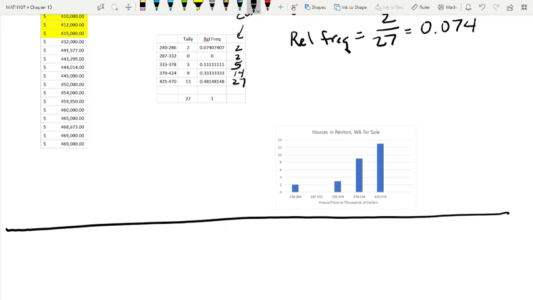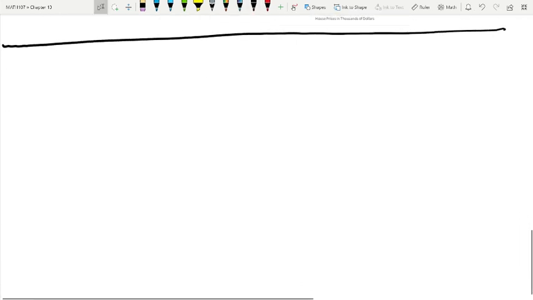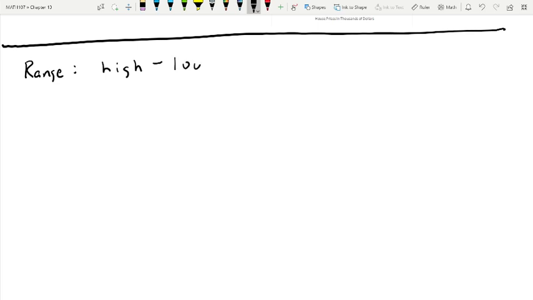Other thing we can do with our numbers then is we can talk about the range and the standard deviation. So first off, the range. And the range is basically just going to be the high number minus the low number. And so if I take that original list of numbers that we had, and let me rewrite them in numerical order.